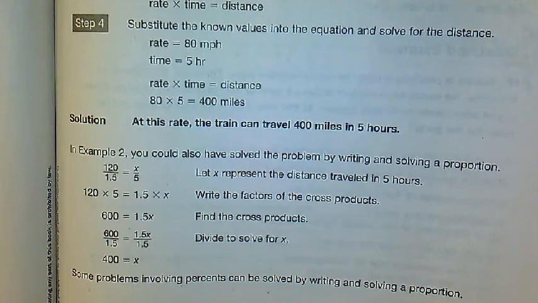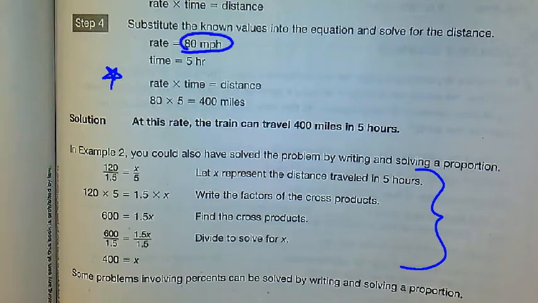But another thing you could do is you can go straight to a proportion and use the cross products. Okay, you can use cross multiplication so that you don't have to find the unit rate first. So what we did here is we found the unit rate to be 80 miles per hour, and then we took that and we multiplied it by how many hours we want. Okay, that's what we are used to.